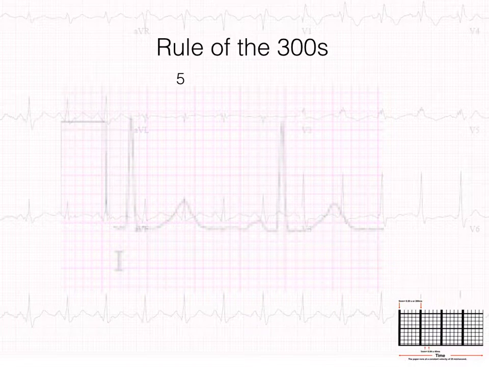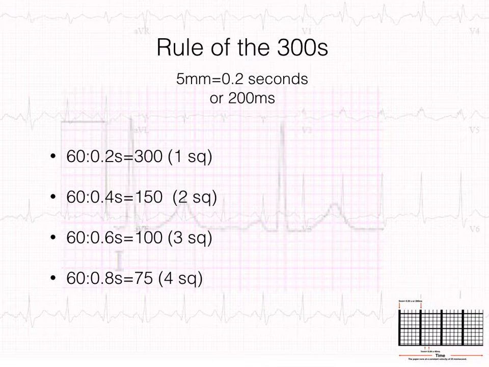The rule of the 300 is based on the fact that 5 millimeters, or a big square, equals 0.2 seconds, or 200 milliseconds. So if we divide the 60 seconds by the time of each square, and we count the squares in between two QRS, we can figure out how many times an event is happening every minute.